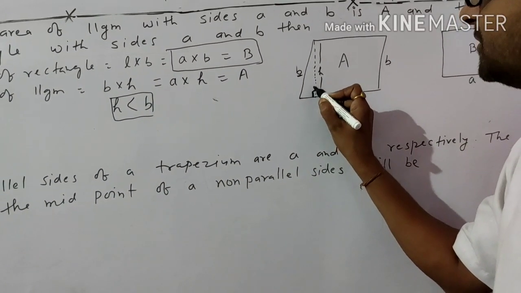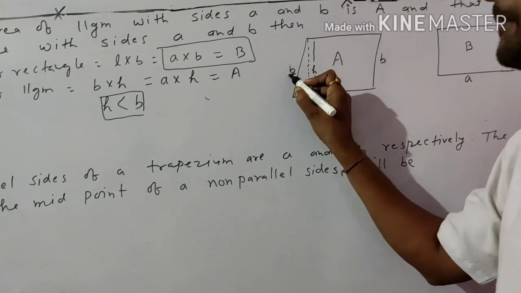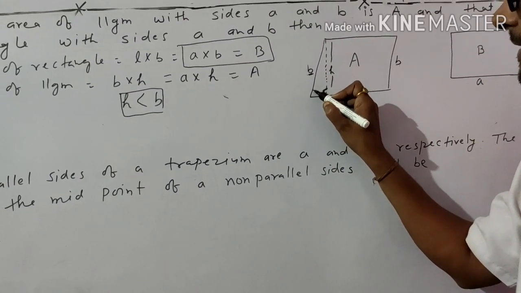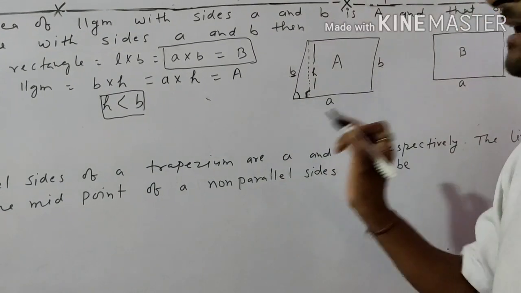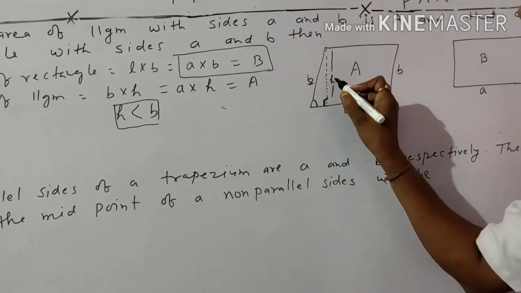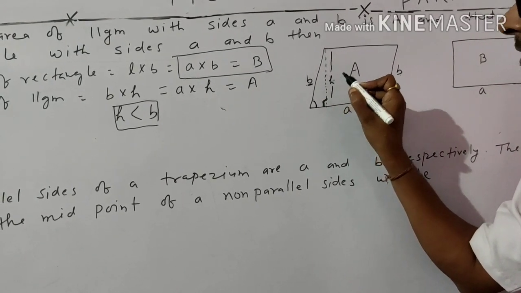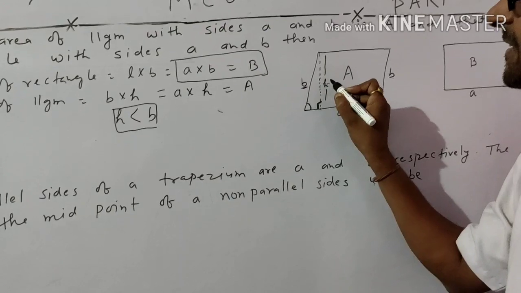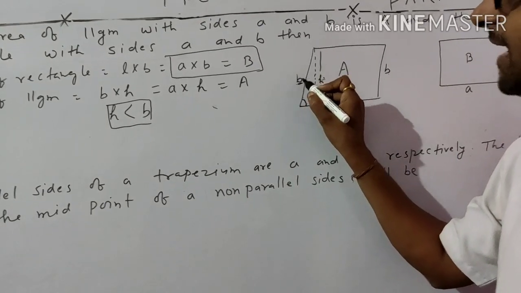We know that the opposite side of a bigger angle is the bigger, and this angle is less than the 90 degree. So this side is also a smaller side. So we can say here H is always less than B.